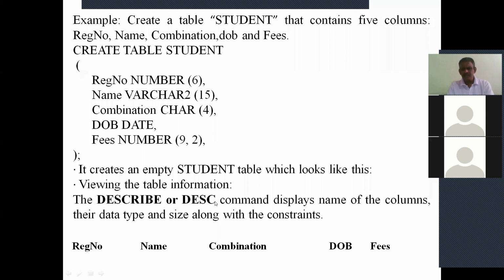That is a command. It displays the name of the columns, their data types and size along with constraints. Whatever you have done here will be shown in the form of a table here, right? Whether the table is generated or not, you can confirm with the view by using this another command called describe. Any doubt concerned to this example?